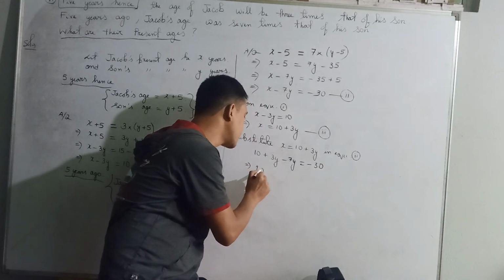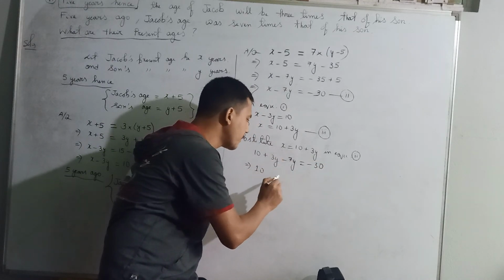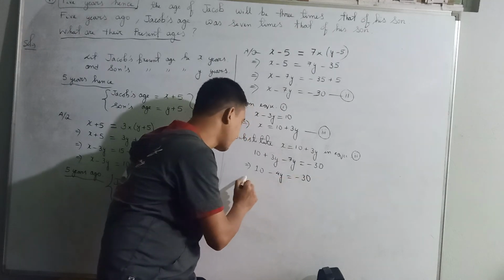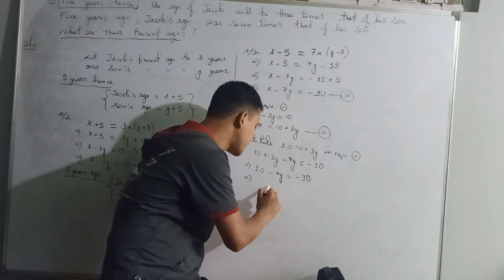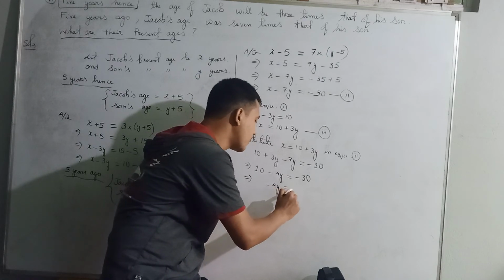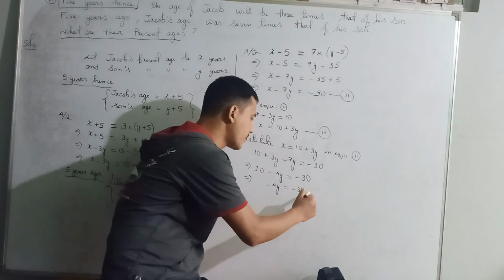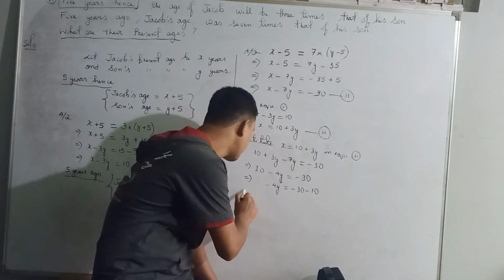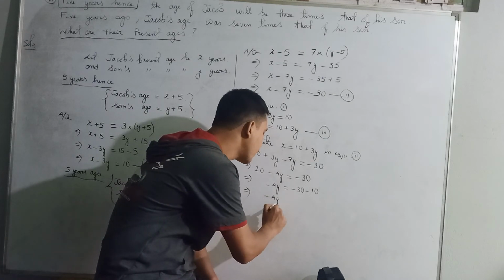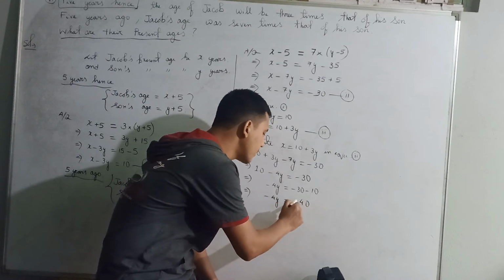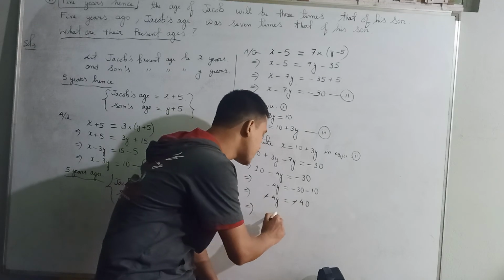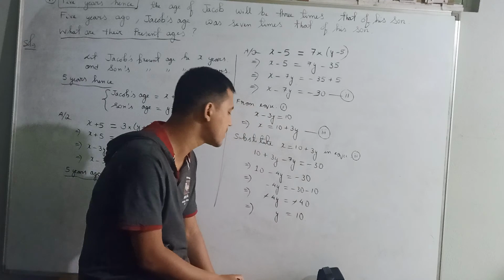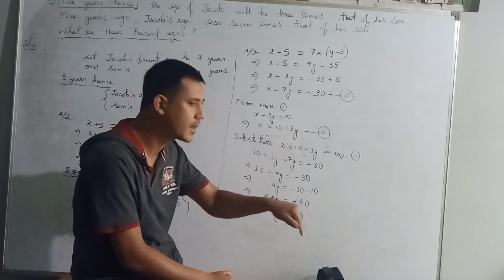So 3Y minus 7Y is minus 4Y, equals to minus 30, minus 10. 10 can be transposed as minus 10. So minus 4Y will be equal to minus 40. So Y will be equal to 40 upon 4, that is 10. So his son is 10 years old right now.